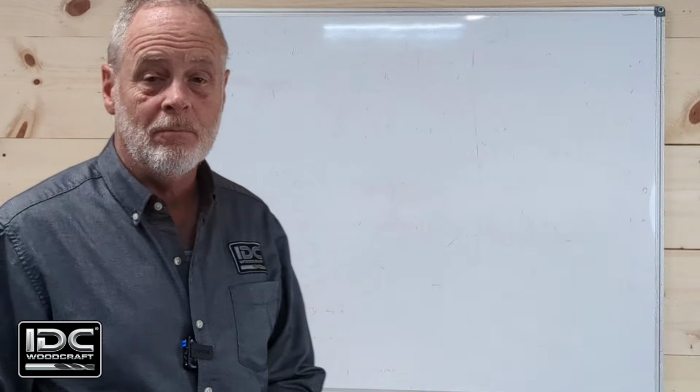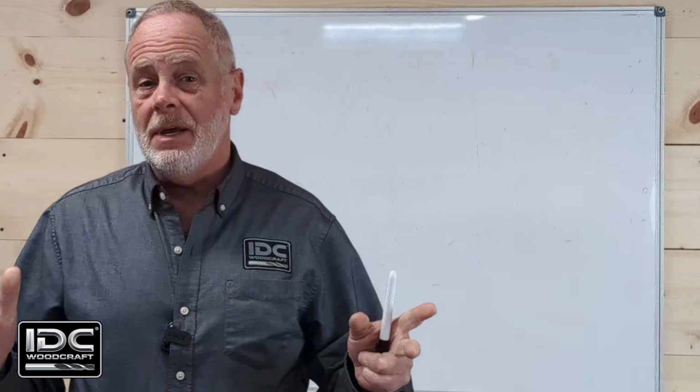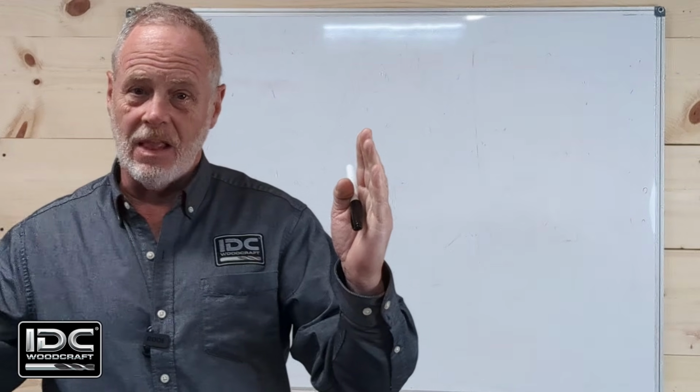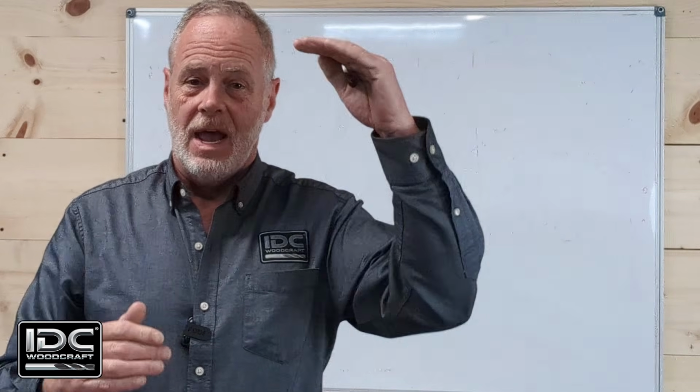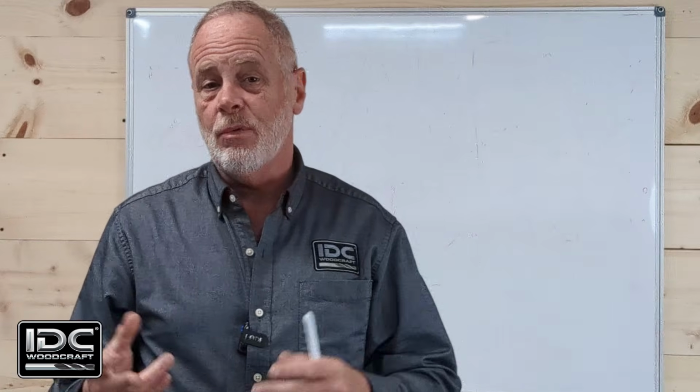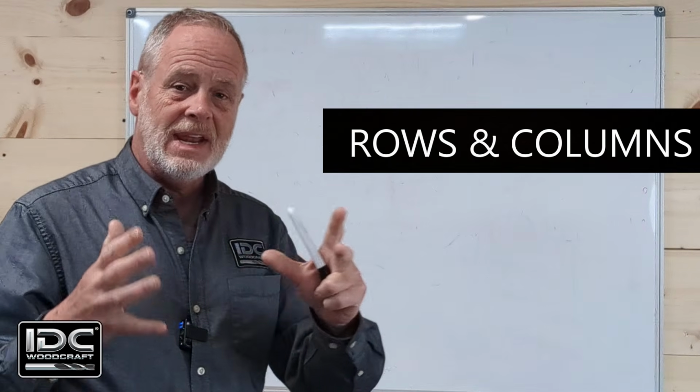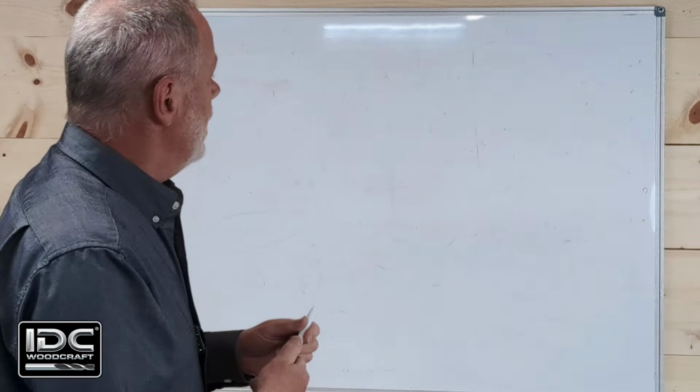and why it's there. So array copy is a way to copy things across a line or across a space, and then also up and down a space. Now there's two features of the array copy that you need to understand, and that is rows and columns. So we're going to explain this so you understand how we're going to build this grid.